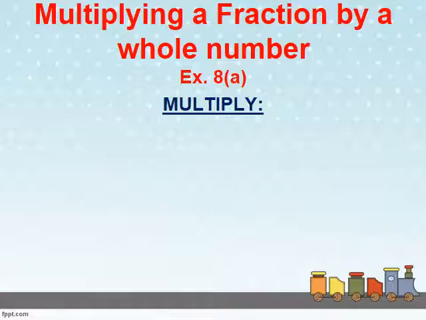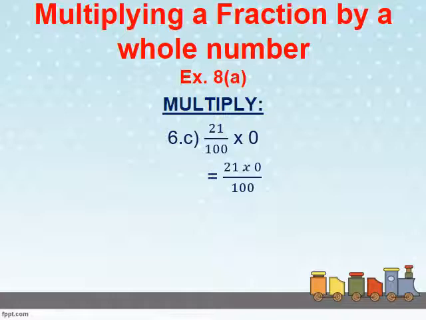Now children, let's come to the next question, which is question number 6, C part. Here you have to multiply 21 by 100, which is a fraction, by the whole number 0. So children, 21 by 100 multiplied by 0 is equal to 21 multiplied by 0 in the numerator upon 100.